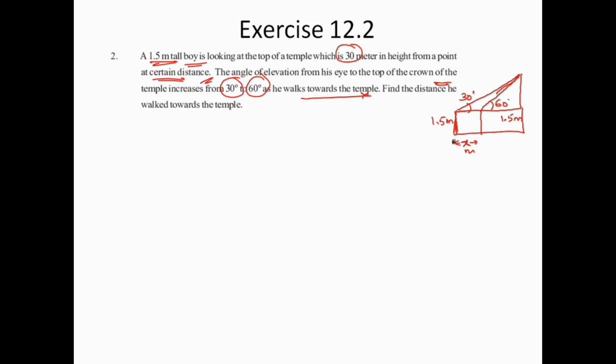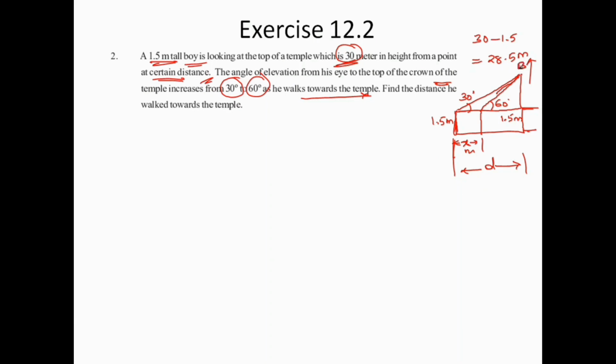So let me assume that from here to here the total distance is d. Okay, that total distance is around d. Now if we look at here, it is 30 minus 1.5. It gives you this resultant. Okay, so this is a distance.